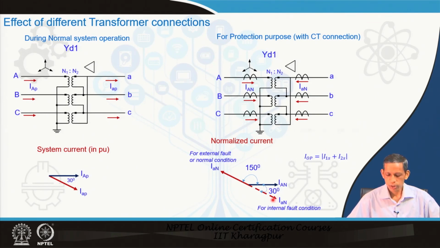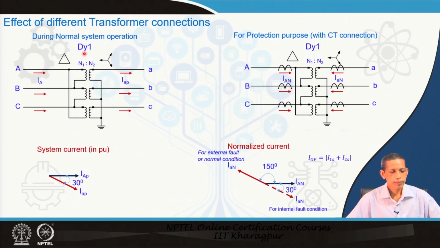But note that our objective is the operating current I 1 plus I 2 s. So, the low voltage side current should be aligned in the direction of the high voltage side, which means these 30 degrees have to be compensated. That is the requirement: the phase has to be compensated in case of a YD1 connection.